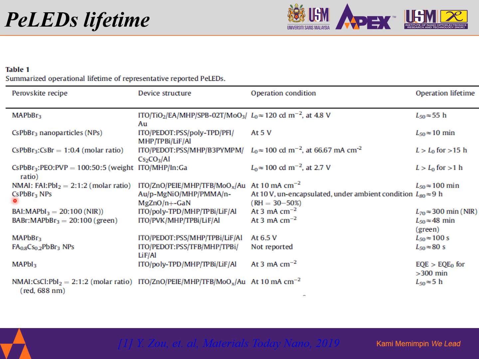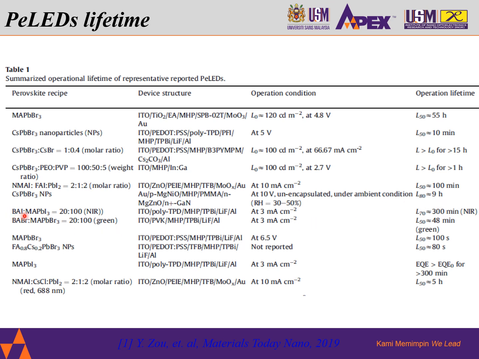Following with CsPbBr3 NPs, the device structure of Au, PMG, NiO, MHP, PMMA, and NMG zinc oxide plus GaN. The operation condition is at 10 volts, unencapsulated and under ambient condition, where the humidity is around 30 to 50% RH. The lifetime is only around 9 hours.